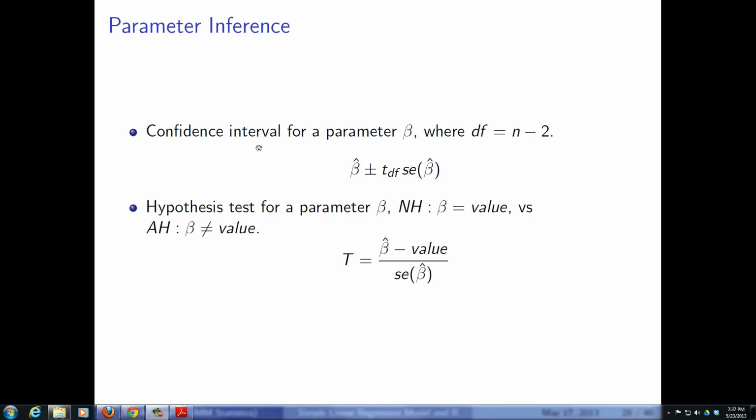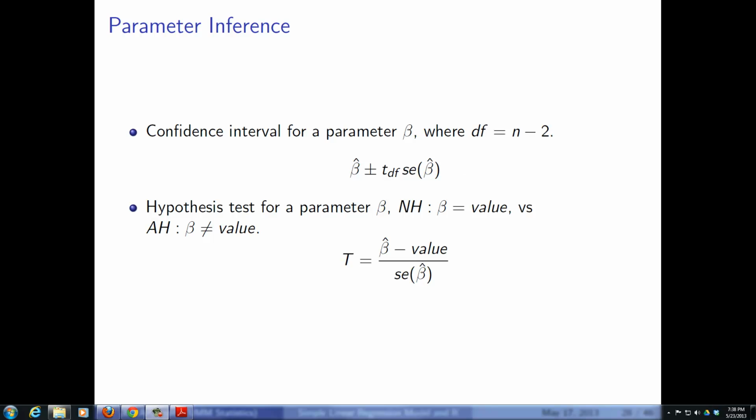And what's reasonable to say about it is to take the estimate that we get, the beta hat, from our observed data, go above and below it, plus or minus, an appropriate multiplier from the t-distribution, where the t-distribution has n minus 2 degrees of freedom. We'll talk about that. And then we use the standard error that we get from our R output to take the variation and get the appropriate variation for that beta hat.